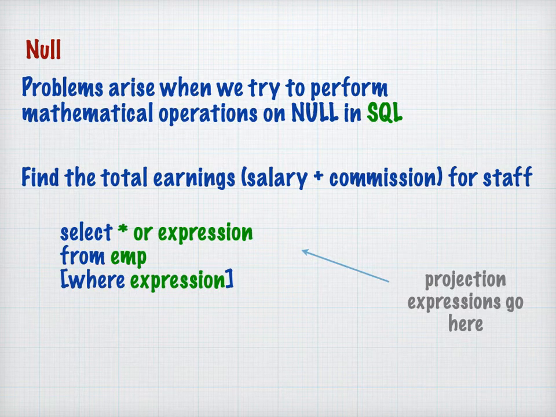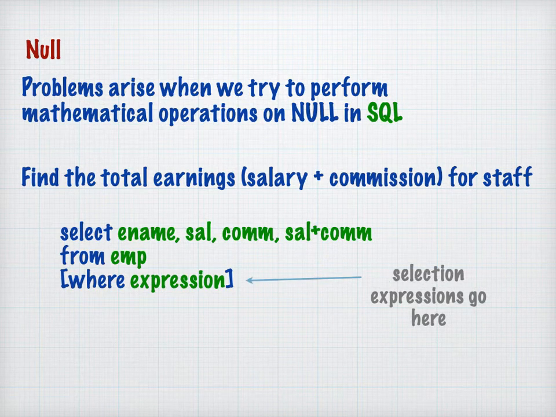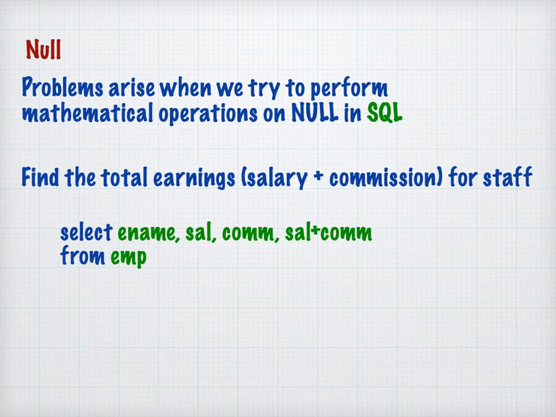And you think, okay, nice and straightforward, let's do something like sal plus com. So we're just going to add whatever their salary is to the commission that they've earned so far, and we'll display that, and then we'll know what our total salary bill is for each of the people in a nice table. Now here, we're not going to use the where clause at all. Let's just keep it nice and straightforward. So let's just see all the people with their salary and commission and add those up.